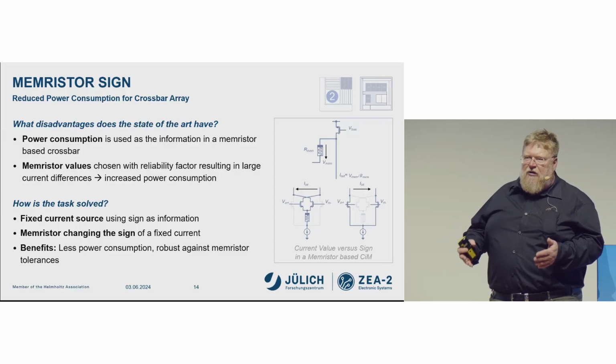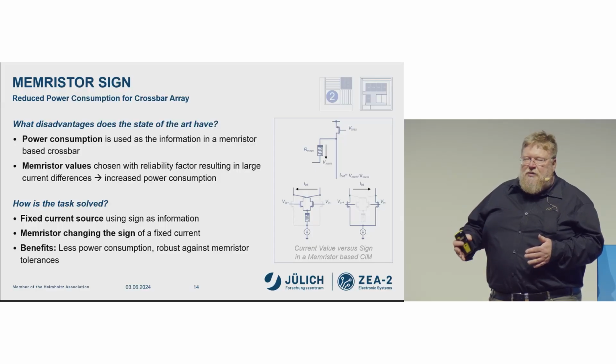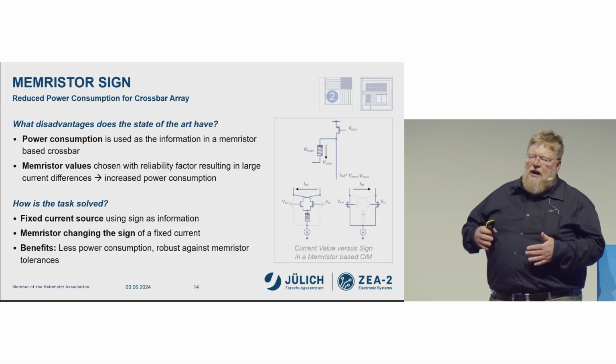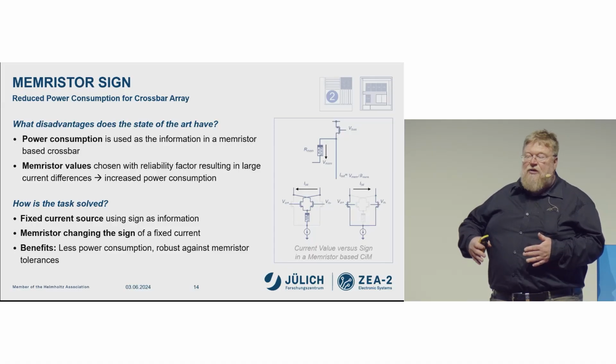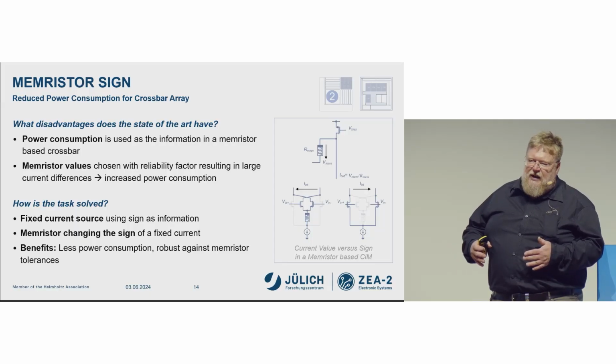That is lots of power, because you need a lot of ratio between the memristor values for reliability reasons. So the end of the story is that you need a lot more current than you would need in a minimum setup with the sensitivity that you could reach with the minimum current.